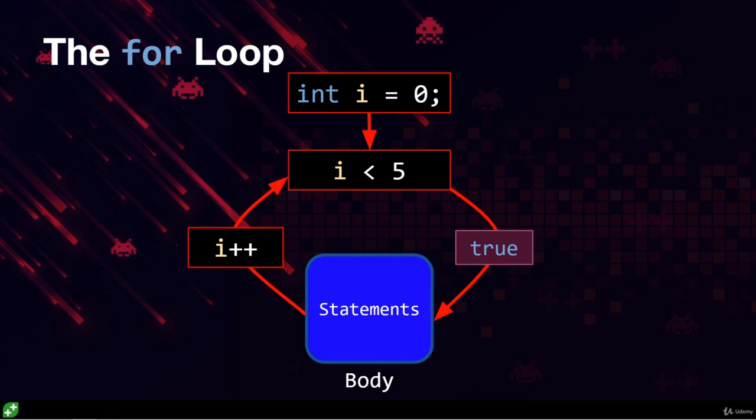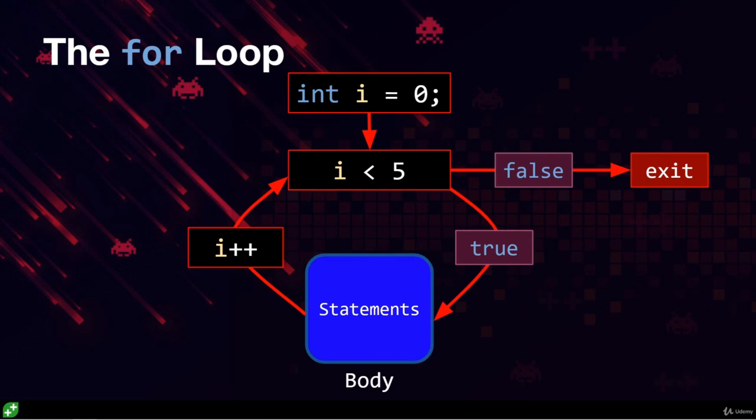In this case, we're adding 1 to it. Then we go back to check the loop condition again. Now our loop variable i has the value of 1, and the Boolean expression 1 is less than 5 is true, so we would execute the body once again, and then update the loop variable again, and so on. Now, as soon as we evaluate the loop condition, and that condition returns false, then we exit the loop, and we've now finished our for loop.